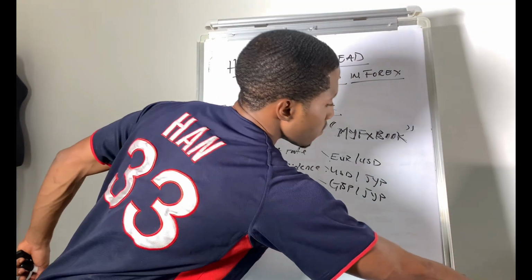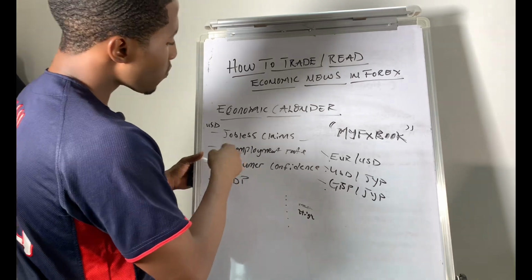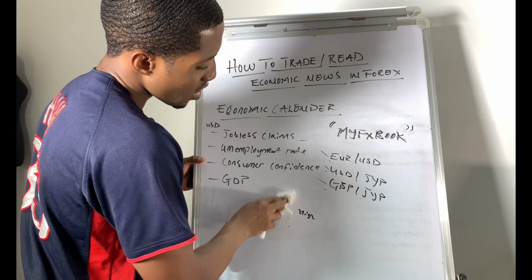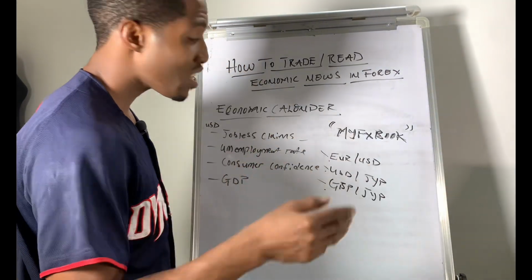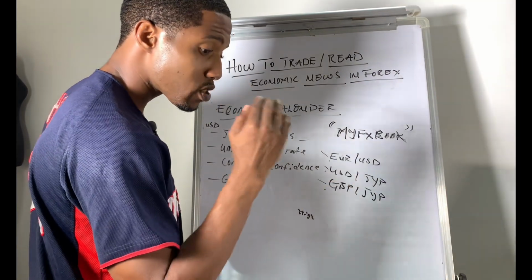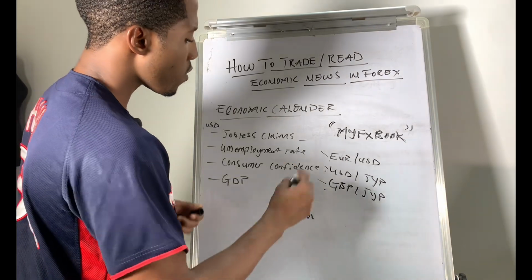So filter them. You need to filter the low, and all these examples I gave you and many more, they are not even in the medium or low category. They are just high impact news, and high impact news are the only news that moves the market, makes the market volatile. Now you tick your high impact news.